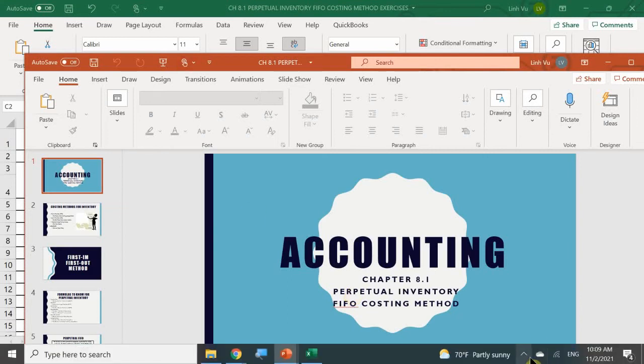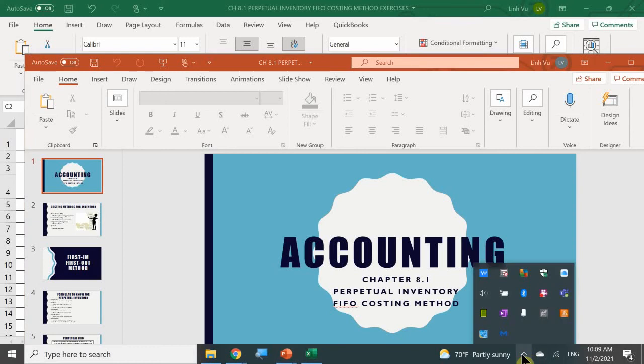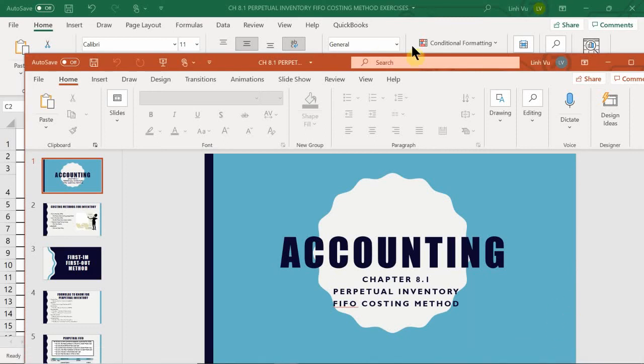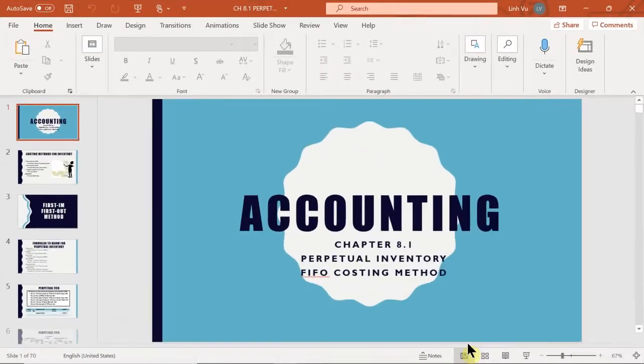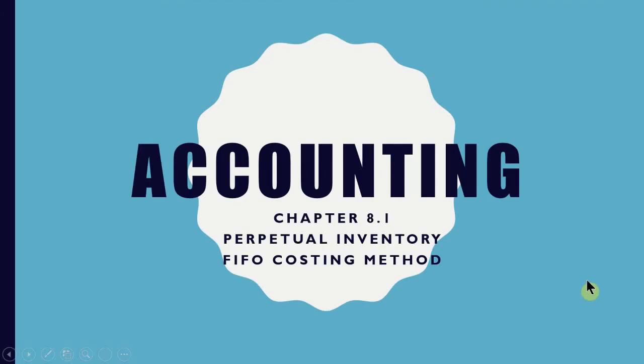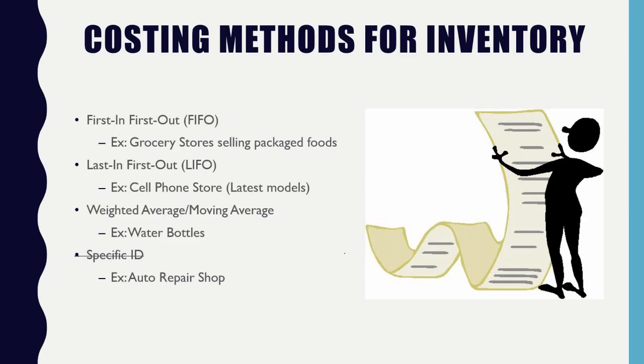So 8.1 is going to be the perpetual inventory costing method, all right? Let's dive right into this. We're going to be learning the FIFO method, okay? If you remember, we talked about the costing methods, right?